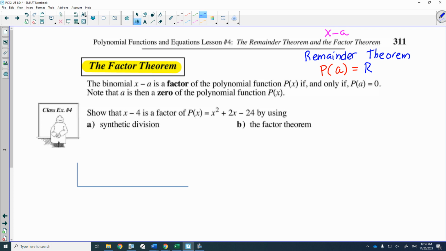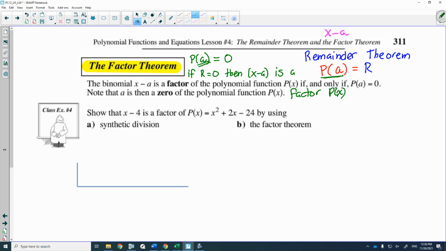What is the factor theorem? The factor theorem is very similar. If you input p of a, and the answer is 0, the remainder is 0. What that means is that if the remainder is equal to 0, then the divisor, which was x minus a, is a factor of p of x.